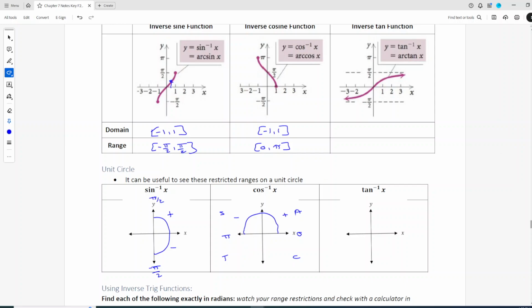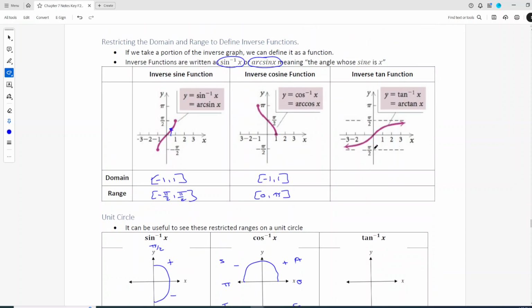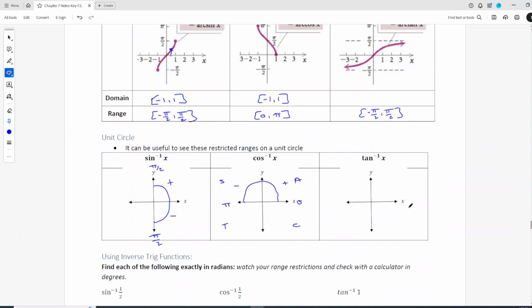So let's look at tan. Tan, what they do is they restrict it the same as they restrict the sine function. So it's also between negative pi by 2 and pi by 2, because we get all of our positive answers in quadrant 1 and we get all of our negative answers in quadrant 2. Negative. So pi by 2 to negative pi by 2.